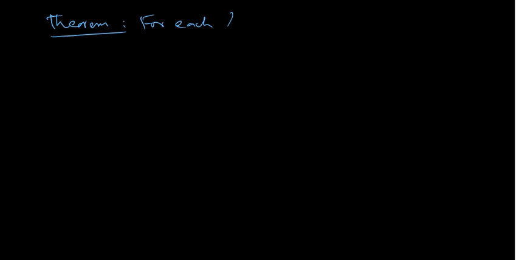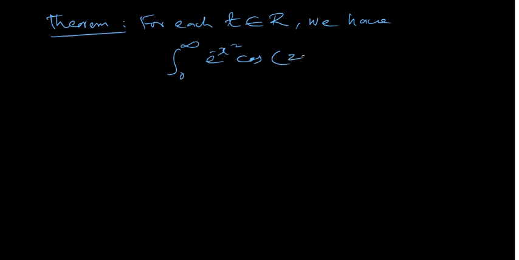For each t belongs to R, we have this integral 0 to infinity e power minus x square cos of 2xt dx. It's equal to root of pi by 2.